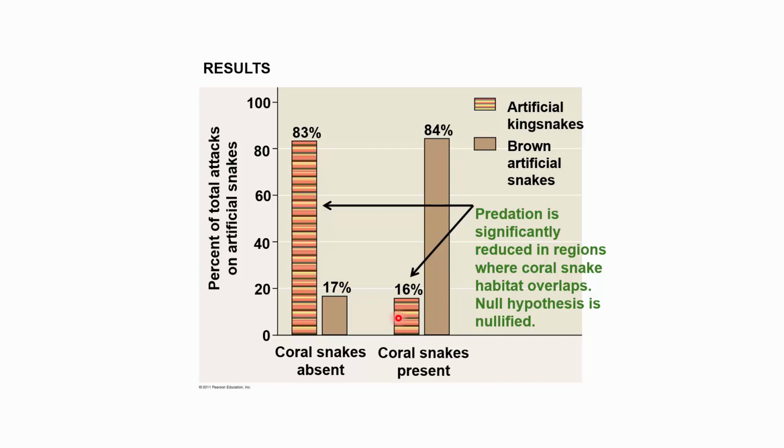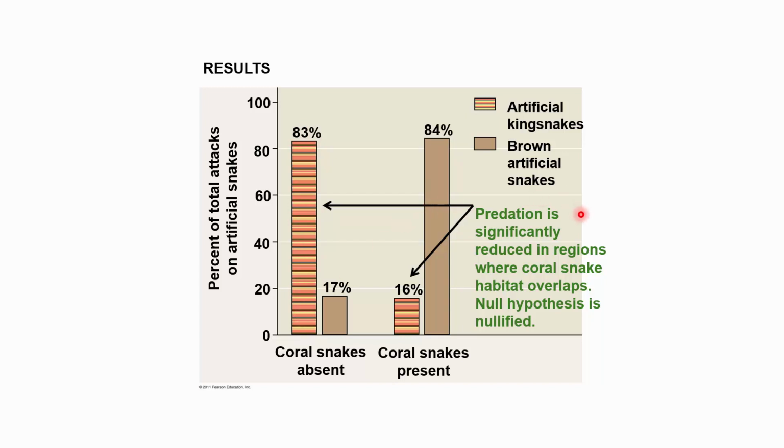So when we were in an area where the predators knew about coral snakes, the percent of total attacks on artificial king snakes dropped significantly. Where predators don't come into contact with coral snakes, these brightly colored snakes were much easier to attack and were attacked more often.